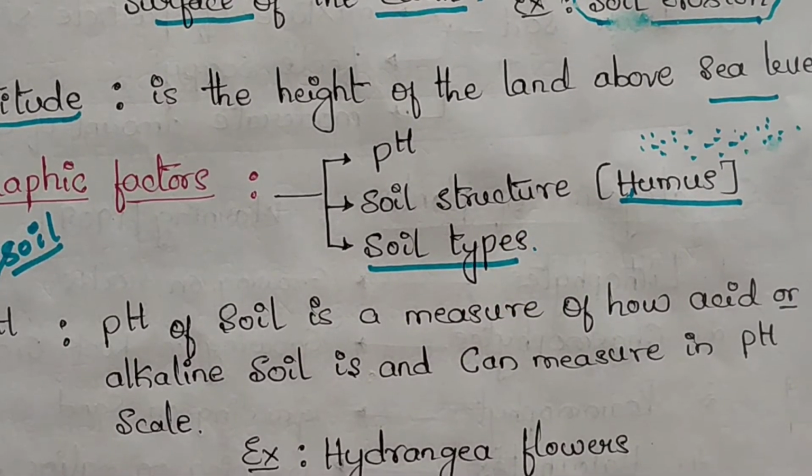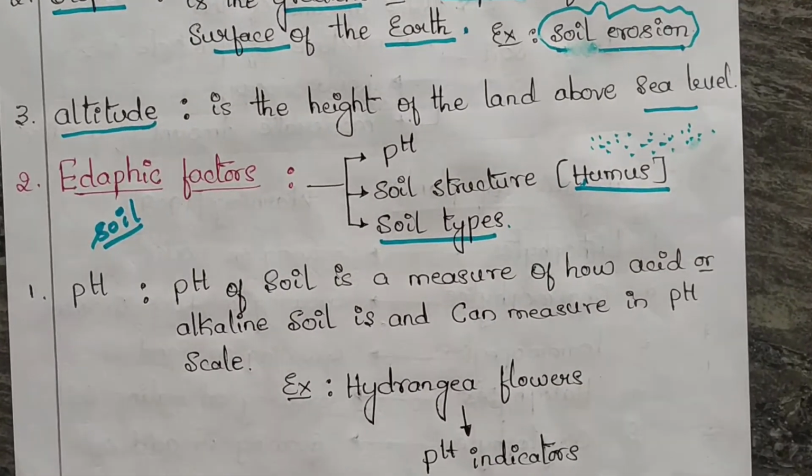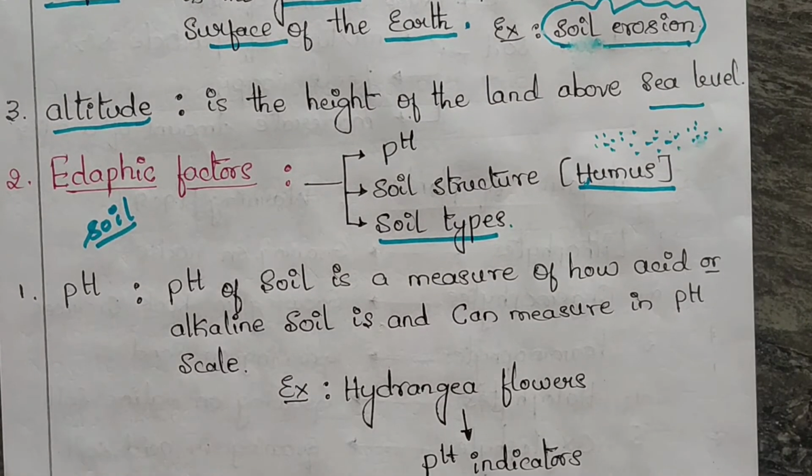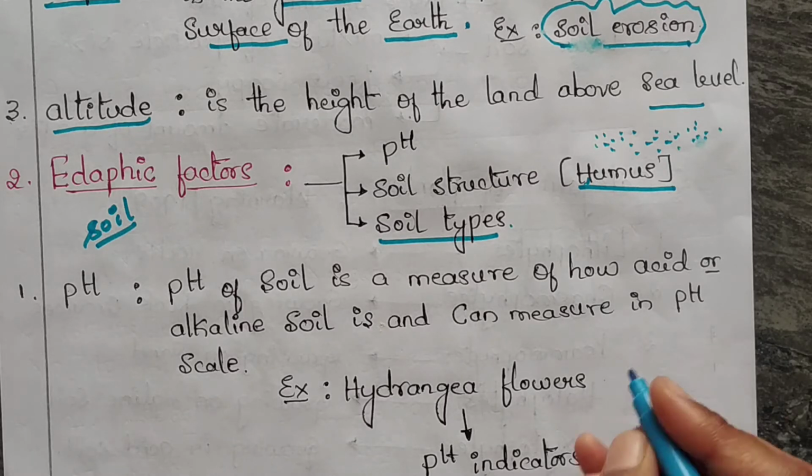Okay, let us start with the first one, pH of the soil. The pH of the soil, we know, is a measure of how acid or alkaline the soil is, and we can measure the soil pH using the pH scale.